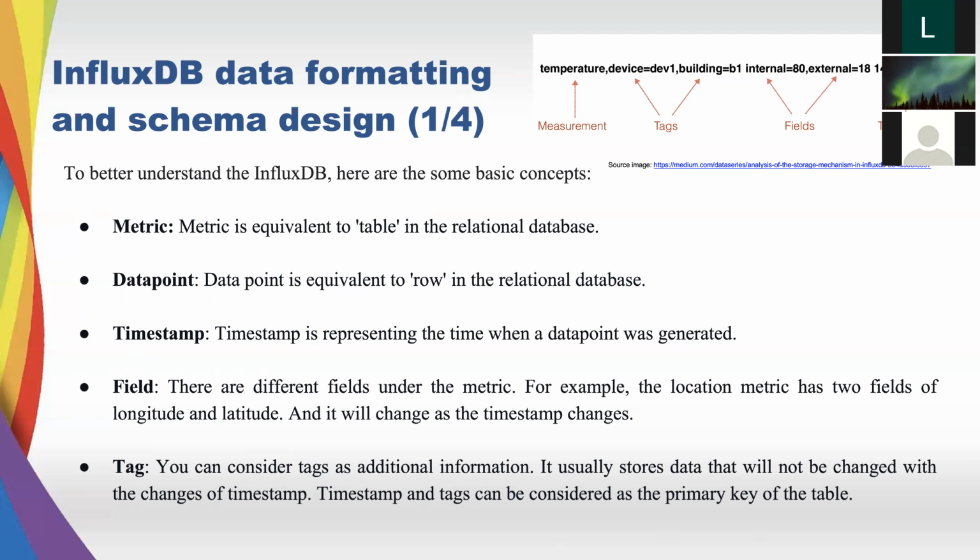We also have a field record, which records the actual metric value. The metric value is the value of that field, and each metric is called a field. So a field is just each metric. A timestamp is the time the data was generated and can be accurate down to the nanosecond.